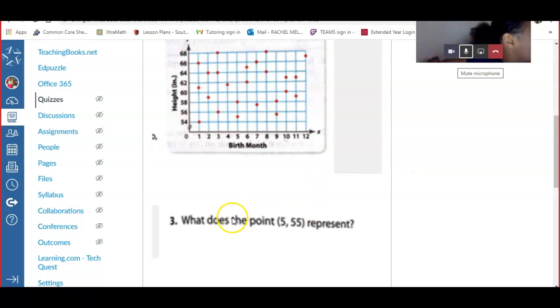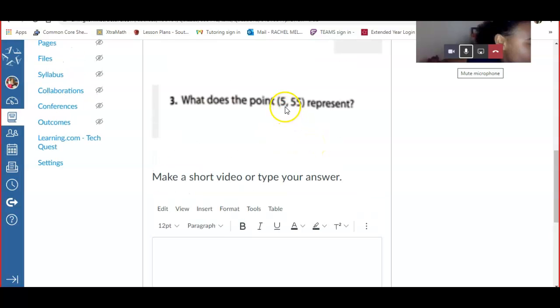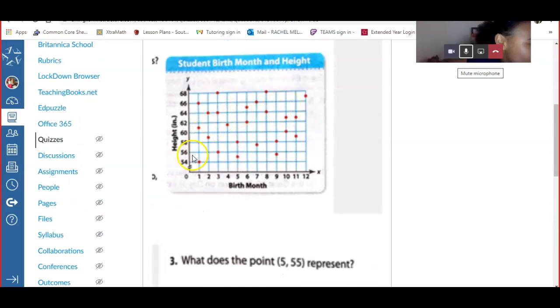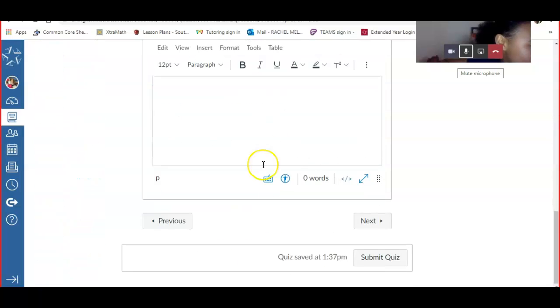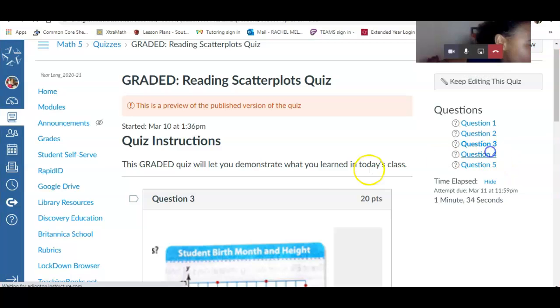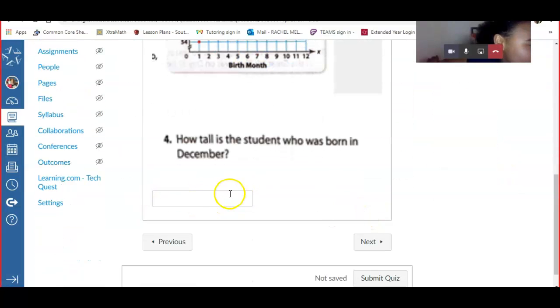Okay, so on number 3, you either have to make a video or type your answer. You're telling me on this scatter plot, if I go over 5 and up 55, what does that really mean? So that should not just be one word. That should be an explanation type answer. Okay, on number 4 is a numerical answer.